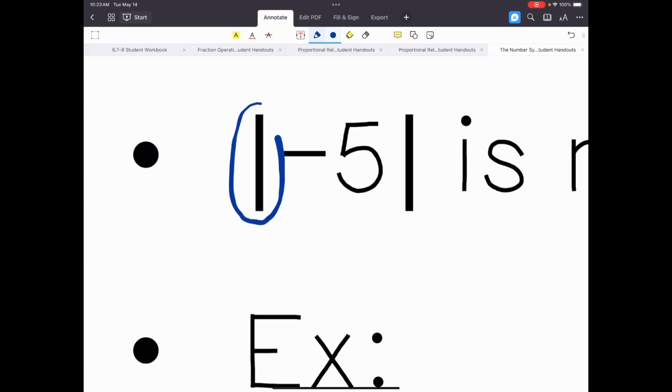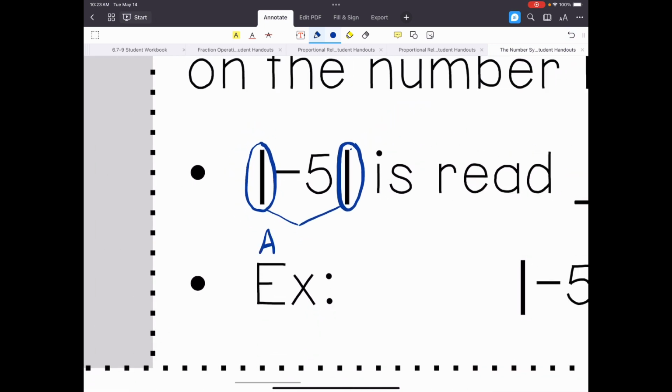So this is where you really have to pay attention, because this is huge. This is not the number 1. This is also not a number 1. These are absolute value signs. So let me zoom out a little bit so I can use my pencil better. Absolute value symbol.